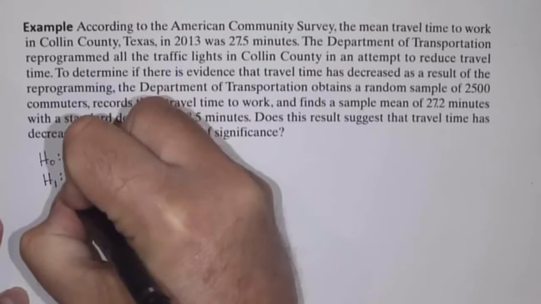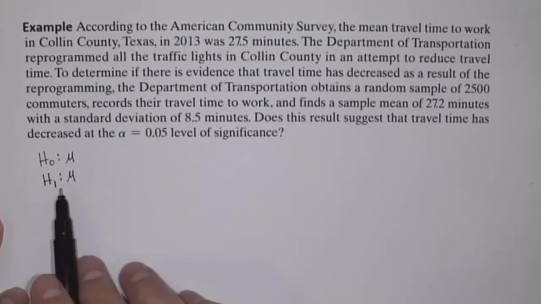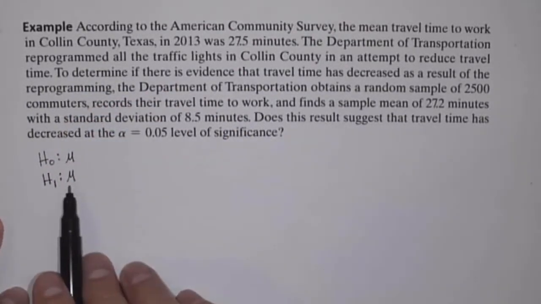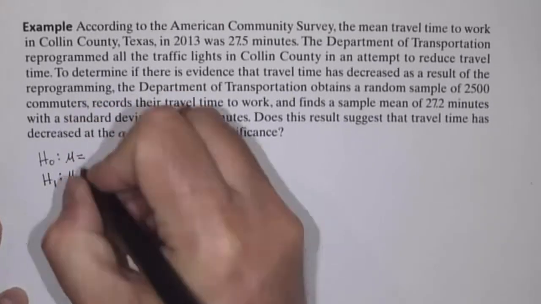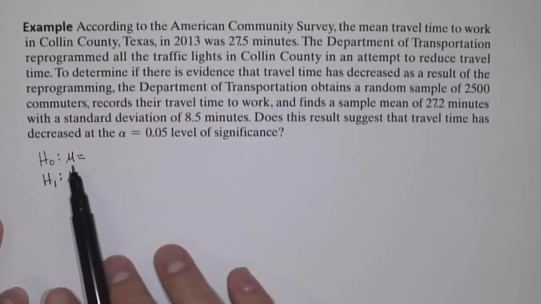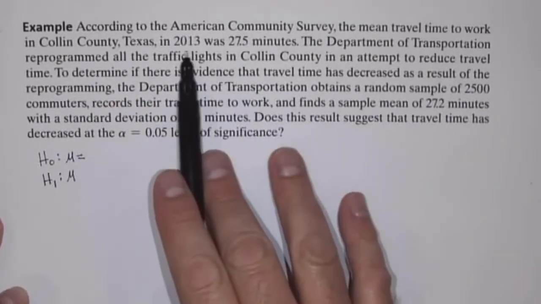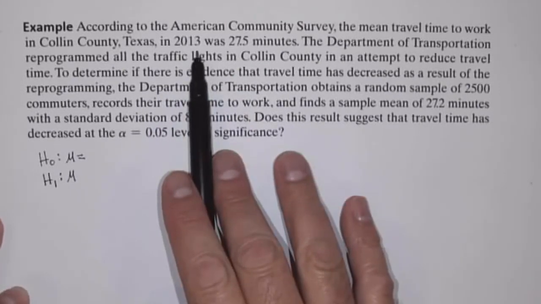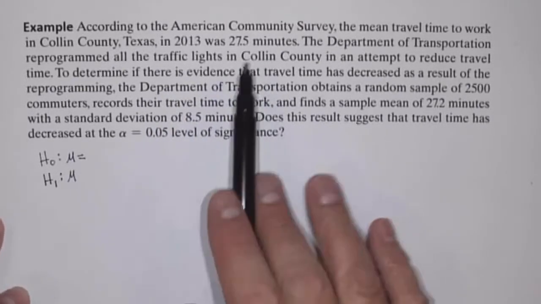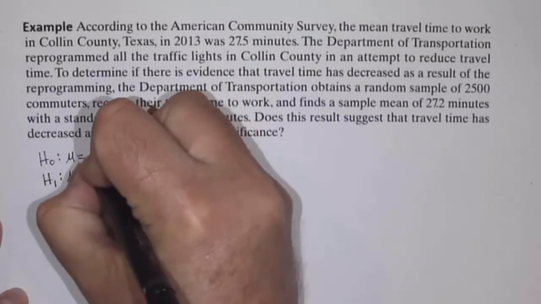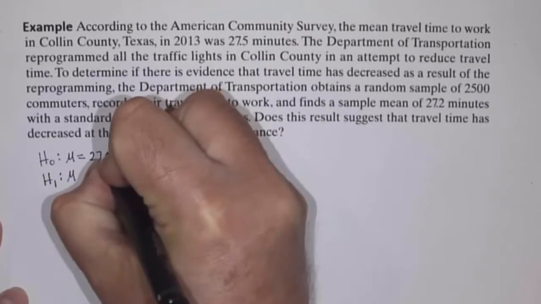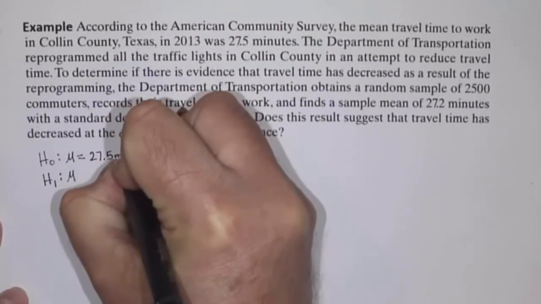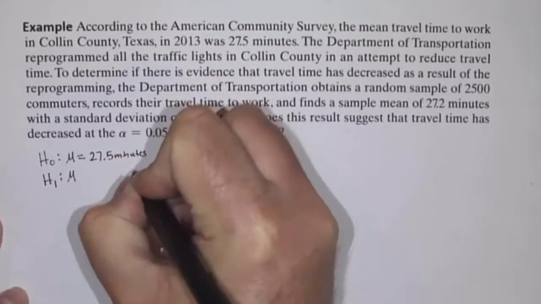This is about the mean travel time, so our null and alternative hypotheses are going to involve the mean mu. And so what should mu equal? Well, in 2013, historically, the commute time has been 27.5 minutes. So our null hypothesis is that mu equals 27.5 minutes.